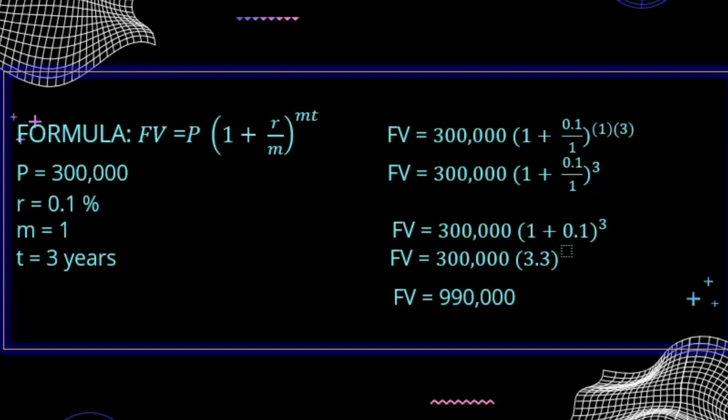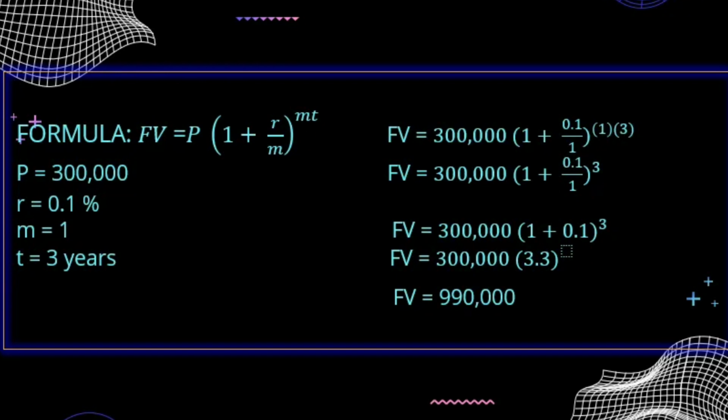After that, we are left with 300,000, open parenthesis 1 plus 0.1 over 1. So the second thing we need to do is to divide 0.1 by 1. So the answer is going to be 0.1. And since it's written there that plus 1, we are going to add 1.